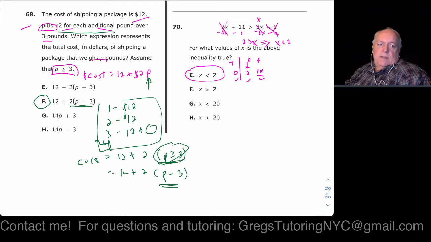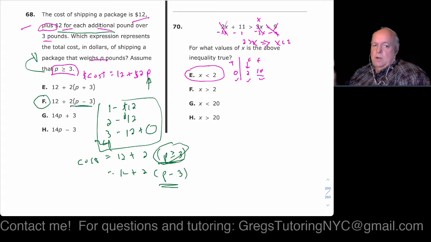You could ask, well, how could it be F if pounds is 1? This assumption has to be part of the question. It says which represents the total cost of a package that weighs p pounds, but they're only asking for p greater than or equal to 3. The question is not asking about p less than 3.